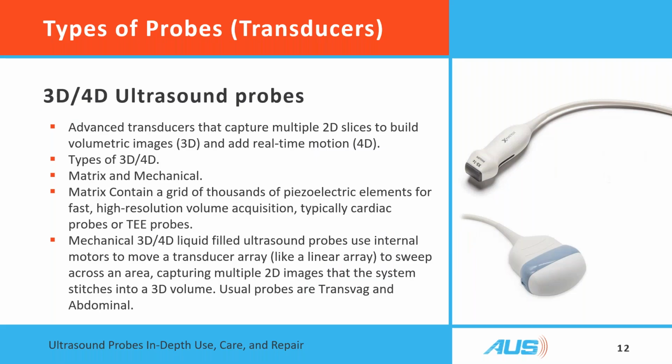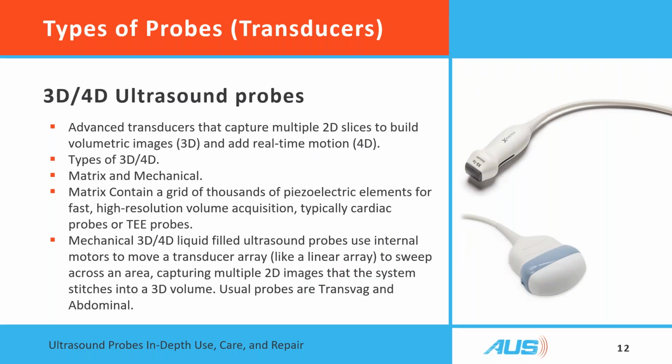And as I said, we have the 3D, 4D probes. You can see a picture of the X5-1 as an example, which is an advanced transducer that does 3D, 4D electronically using a matrix array.